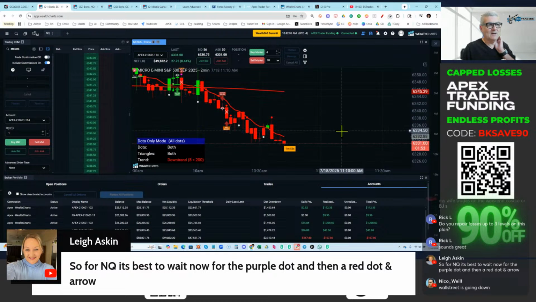S&P is resuming its downside. So maybe it was Nasdaq that was just having a lame little thing. So S&P, if this gives me a red dot, I'm going to short it, because if I'm trading momentum continuation, I'm trading in that direction. But I've got to have those dots.